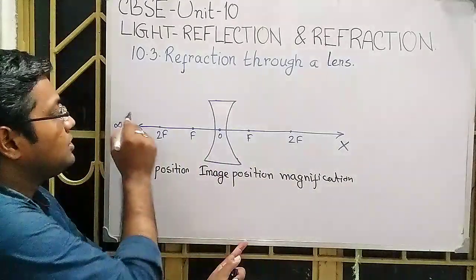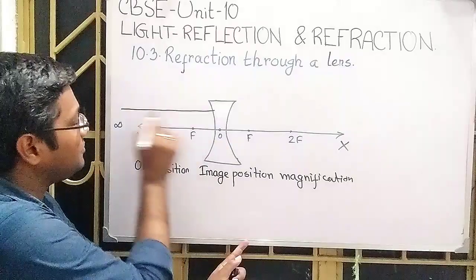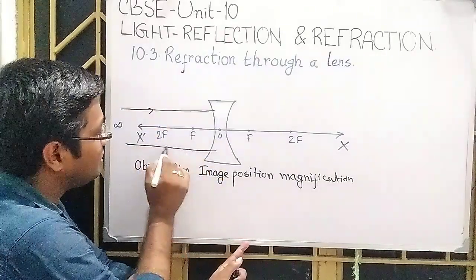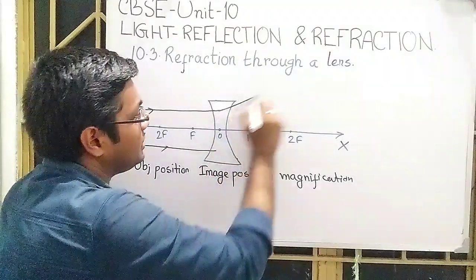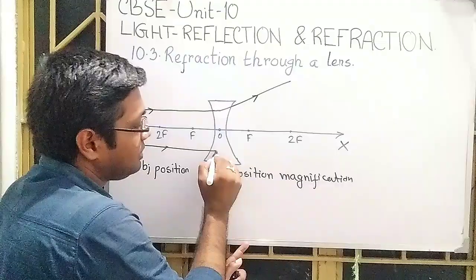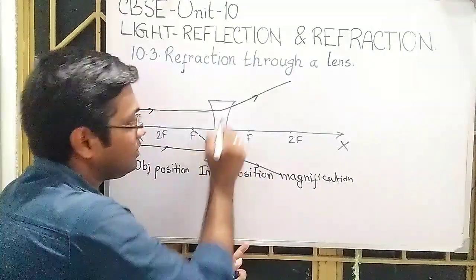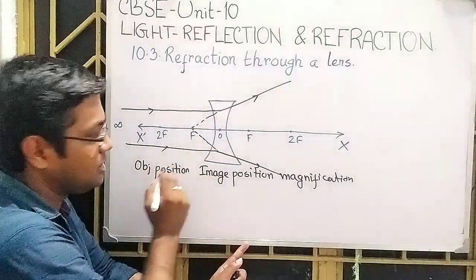Okay, so if the object is placed at infinity and the parallel rays are coming from it, after refraction through the concave lens, they will diverge away, and they appear to diverge from the point that is the focus.